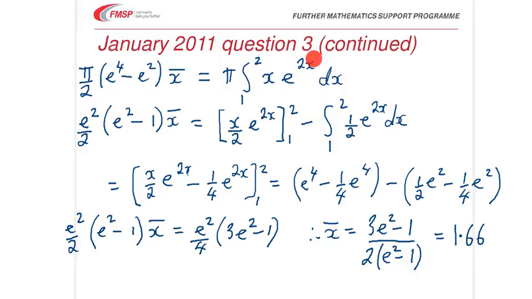Here's the y squared, e to the x all squared, which is e to the 2x times x. And if your eyes have strayed further down the page, you'll have recognized the method used, but as soon as you see an integral of the form x e to the 2x or similar, it's by parts.